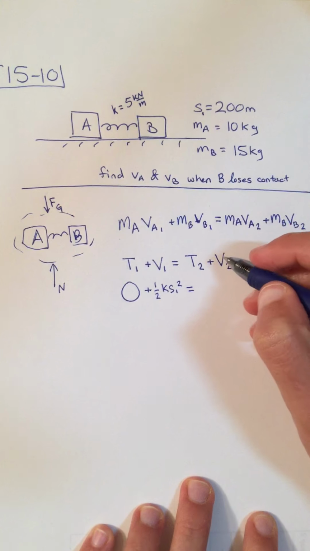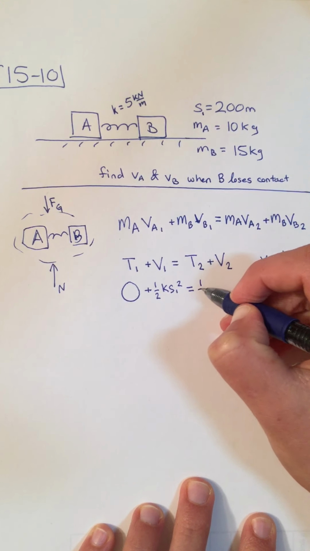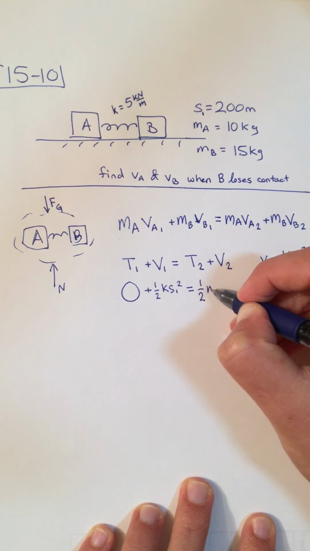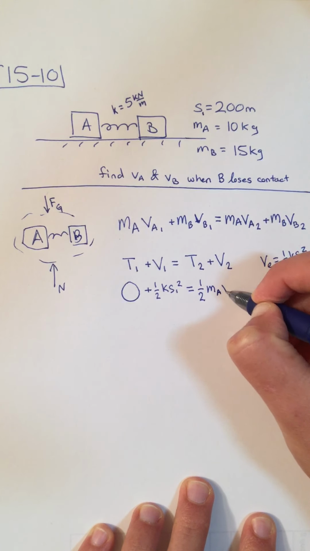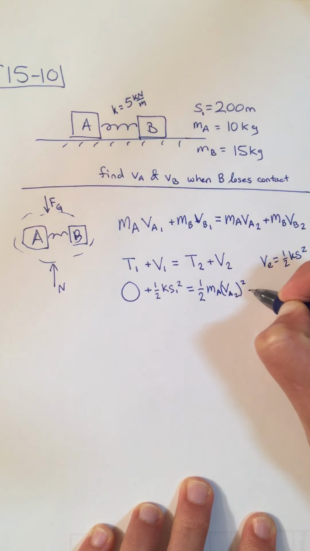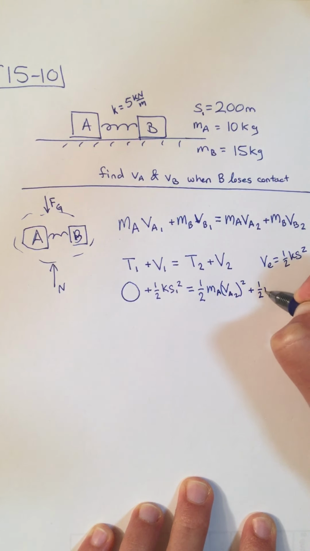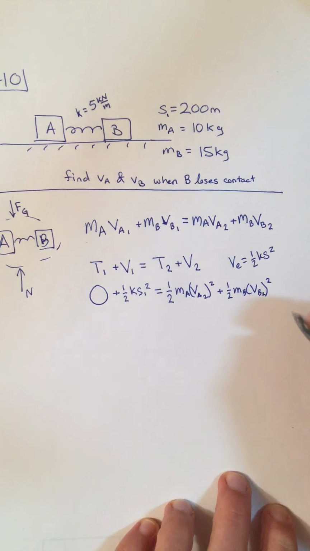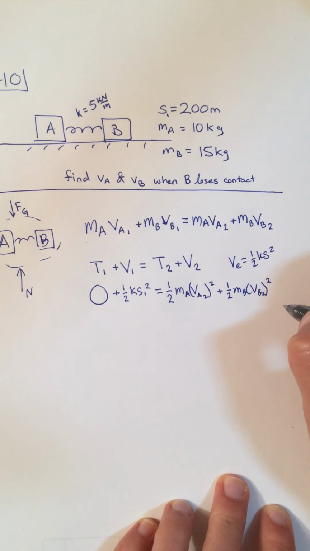And the final kinetic energy is the kinetic energy for block A plus the kinetic energy for block B. The two blocks are not moving together afterwards, so we have to do the kinetic energy for each one individually, plus the final elastic potential energy.